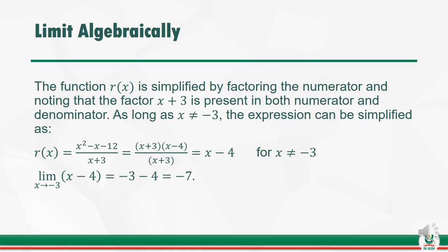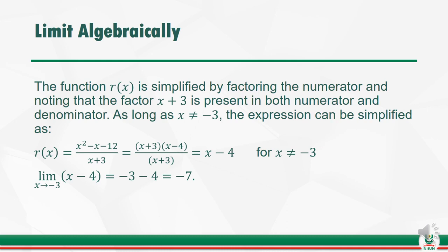As long as s is not equal to minus 3, the expression can be simplified. We have r of s equal to s squared minus s minus 12 all over s plus 3. This can be factorized.